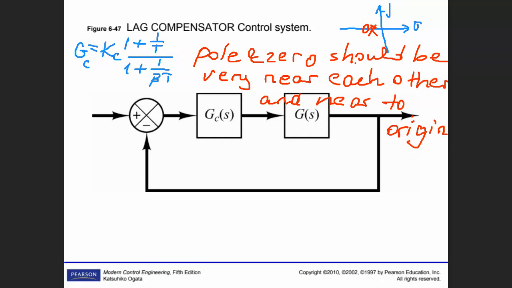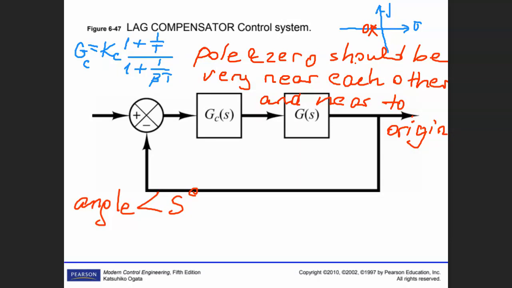If they are very near to each other, it's not going to change the angle. So the angle should remain 5 degrees, very near. You are not going to change it. But in order to reduce the steady state error, I'm going to continue. Did you understand that one?